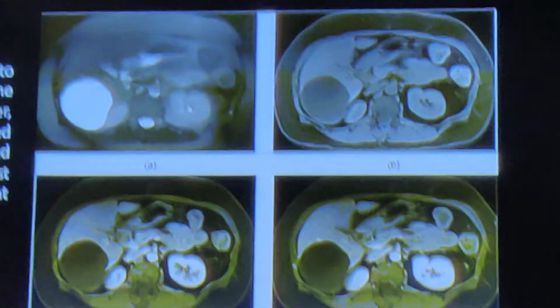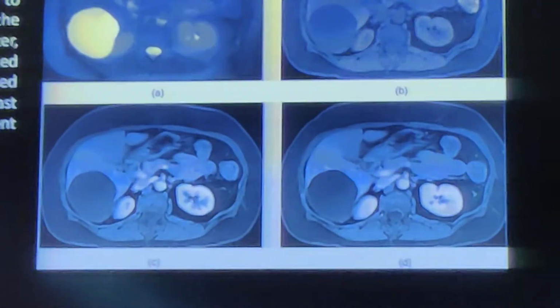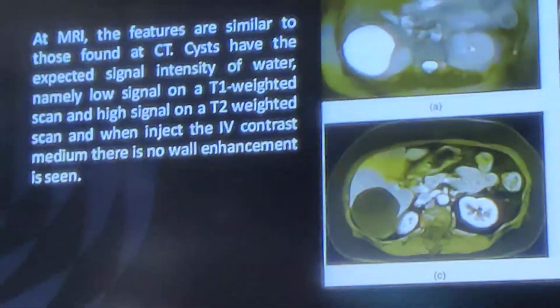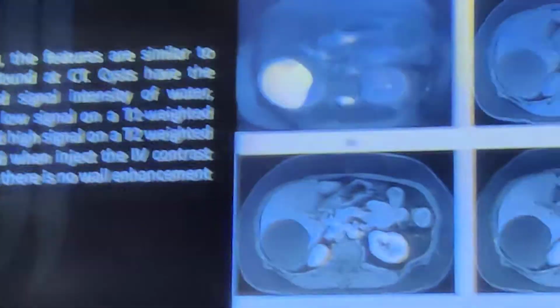In the MRI we have T2 and we have the T1 weighted image of the MRI. Features are similar to that of the CT.